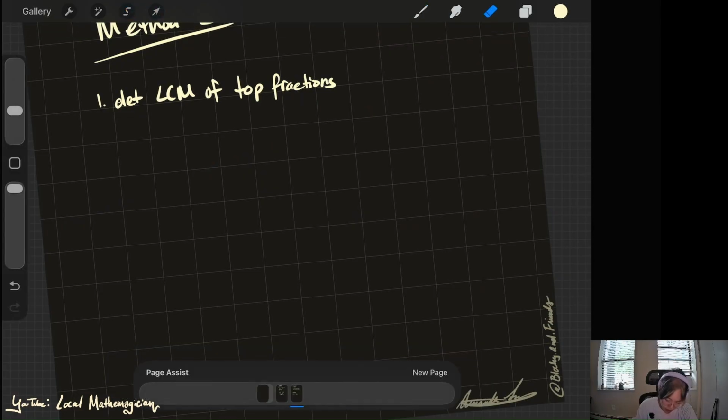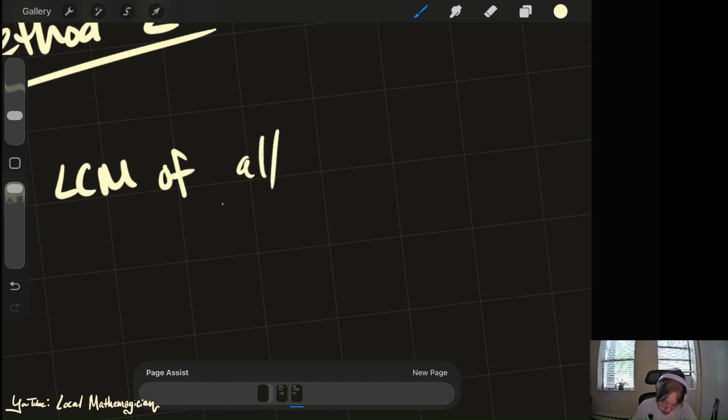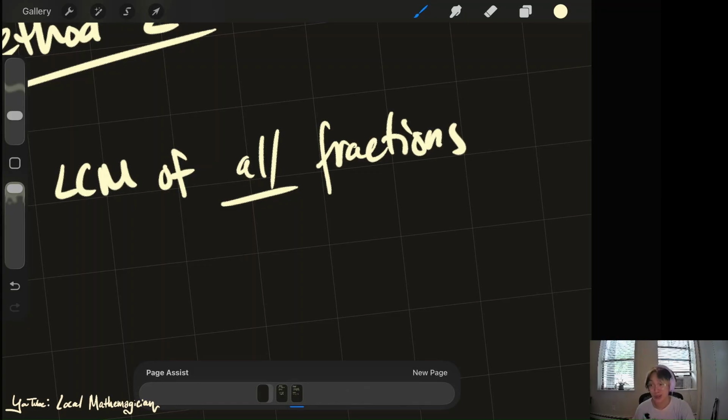All right, method 2 is determine the LCM of all fractions, which to be fair, eventually you'll have to do anyway.